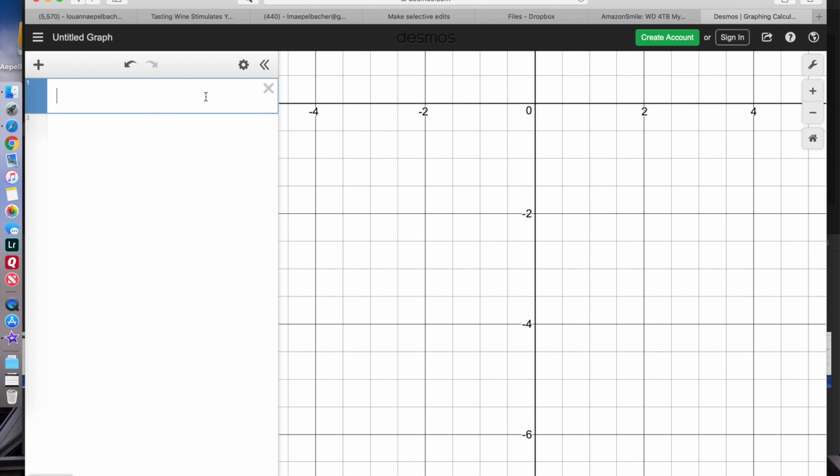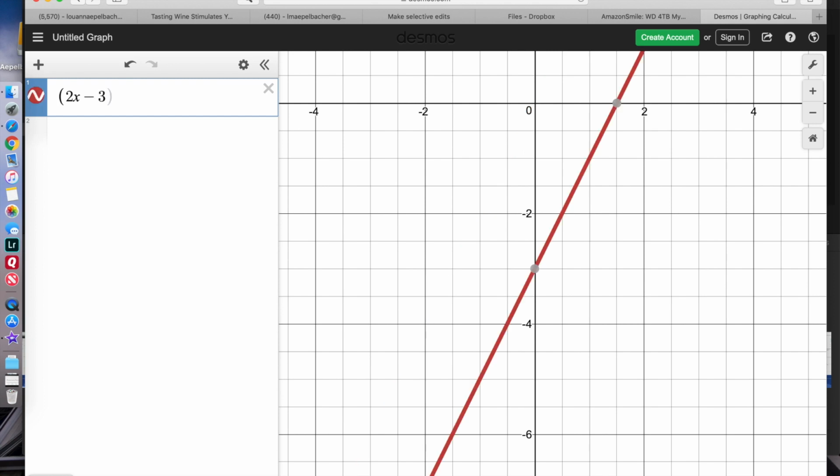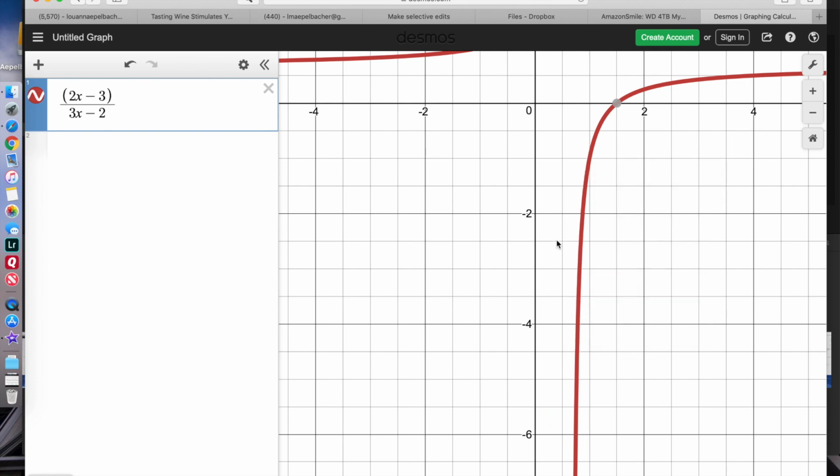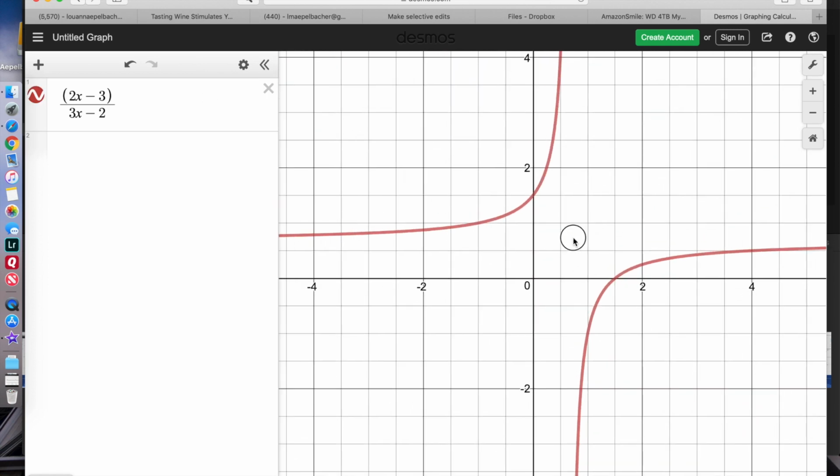B, and this is another one where I have to kind of cheat the numerator by putting parentheses and then hit the divide sign, and 3x minus 2 for the denominator. And then let's take a look at the whole graph.